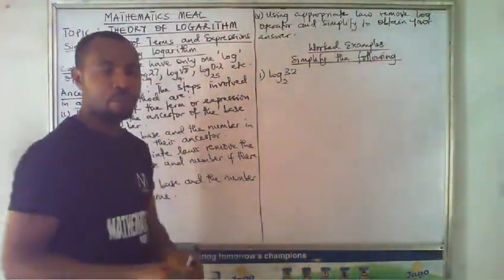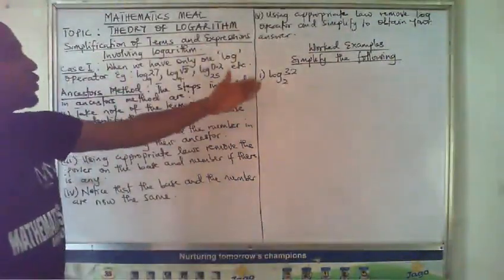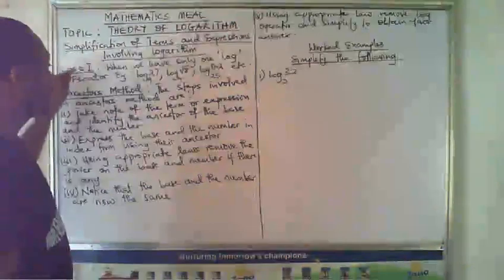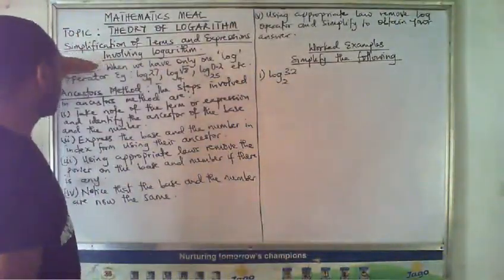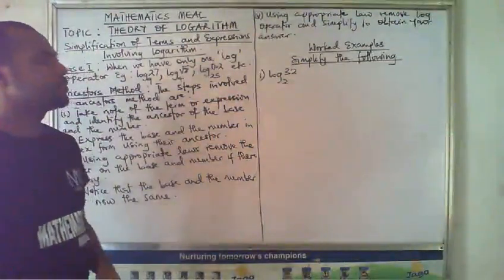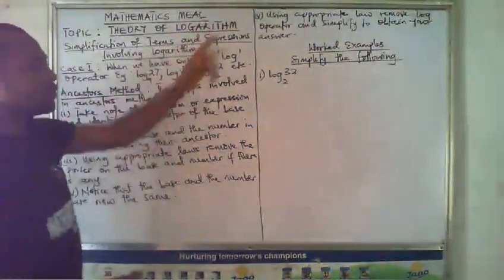I think we solved this problem when we looked at the indices method. Now, if we want to simplify this using the ancestors method, remember this is a typical case of when we have just a single log operator. How do we go about it? We said there are 5 steps that we are going to take.